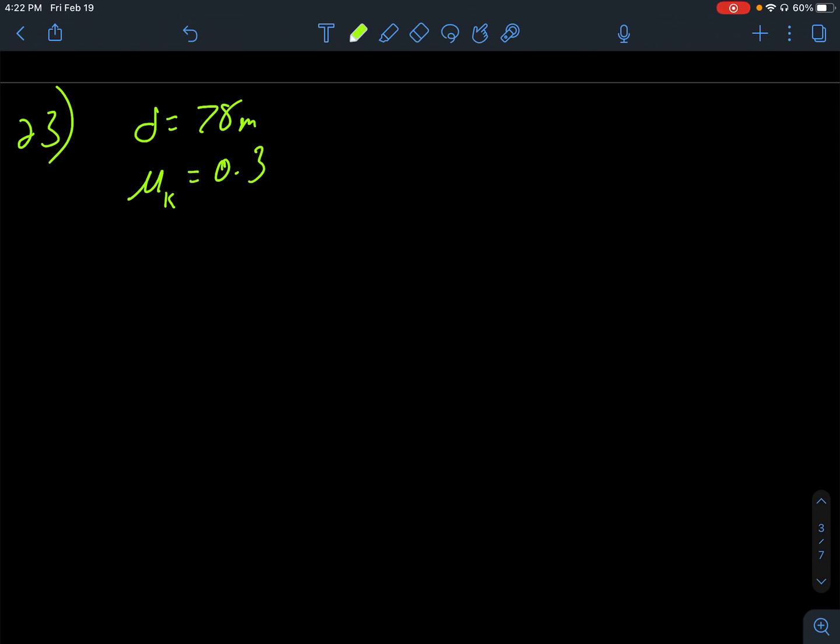So let's think of the scenario. We're moving, so we have kinetic energy in the beginning, and then the car comes to a stop. Well, what makes the car stop? Work. So whatever kinetic energy we had in the beginning was all converted to work. Kinetic energy is 1/2 mv squared. Work is force times distance, or displacement if you want to put that.